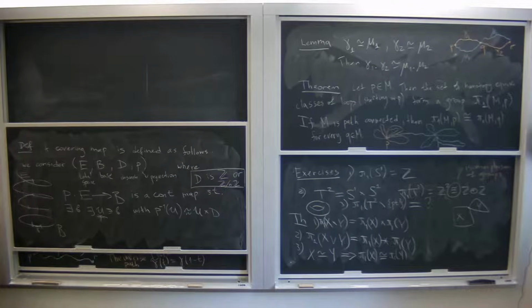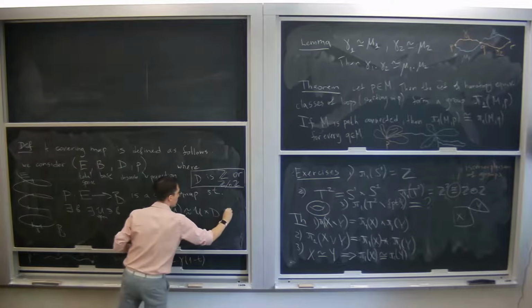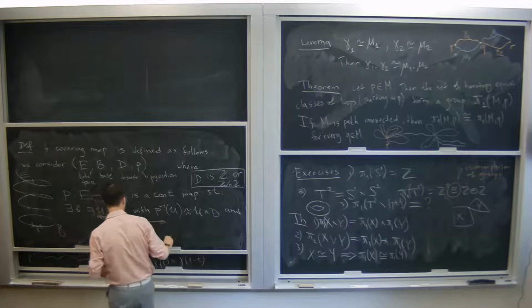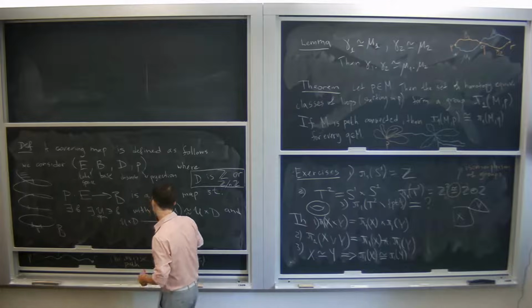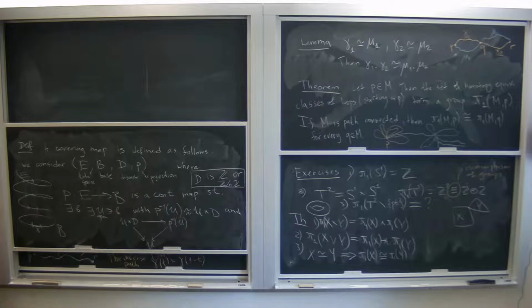So we in fact have the following commutative diagram. We have this property, and then we have U times D here, here, and here, right? So the following diagram is a commutative diagram.